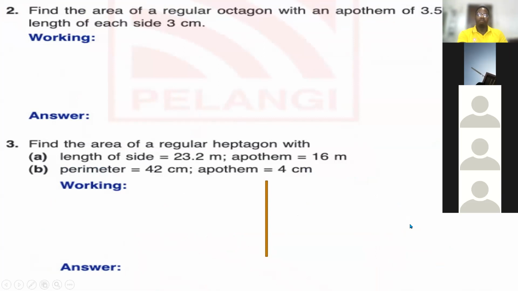Find the area of the square octagon with an opening of 3.5 cm and length of its side 3 cm. Area of the octagon is equal to 1 over 2 times perimeter times opposite.